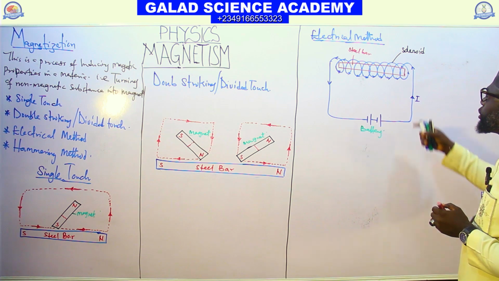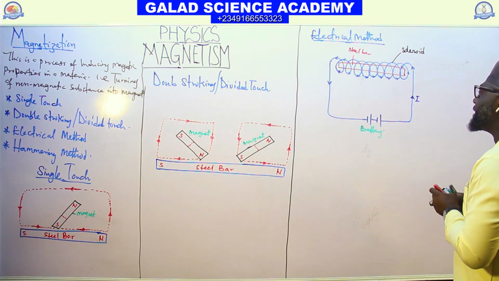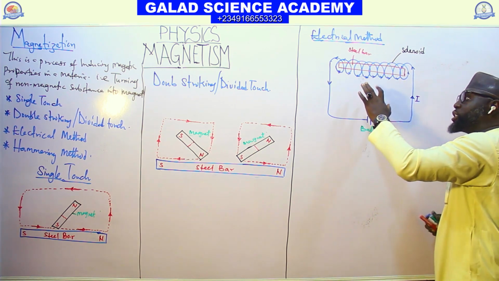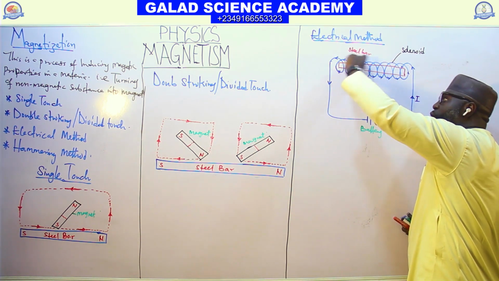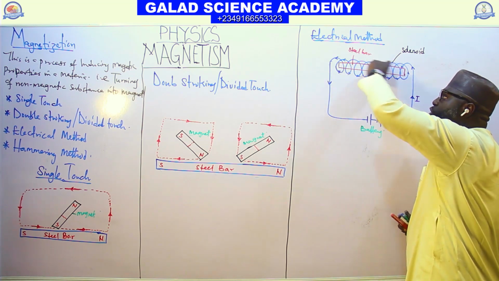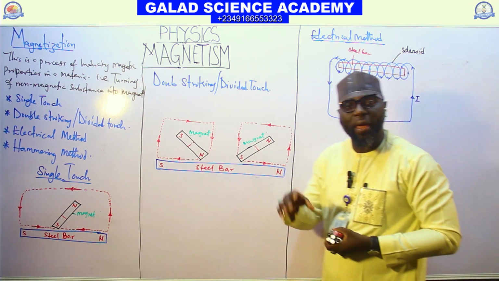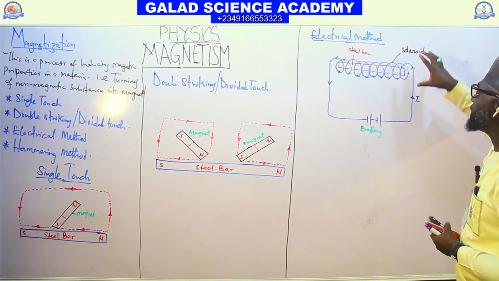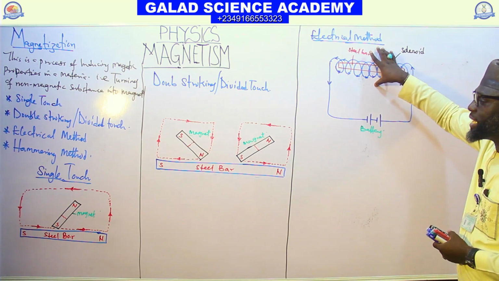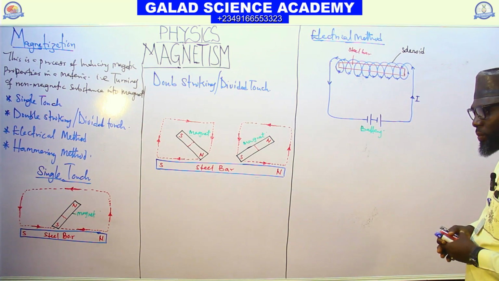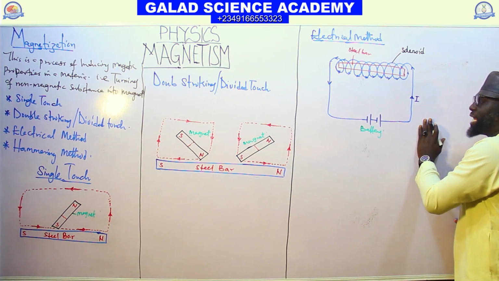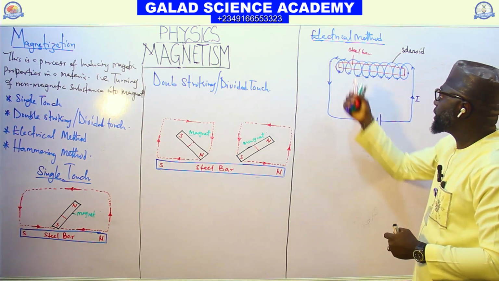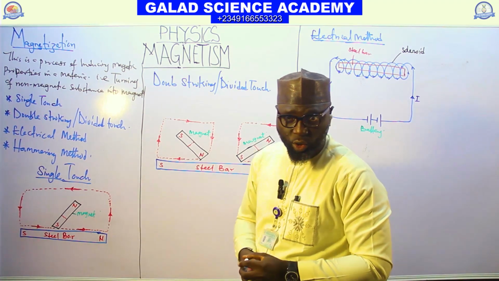So if you place it inside the solenoid, after some minutes, if you remove it from this solenoid, it will become a magnetic material. So that is a method of making a magnet by electrical method.